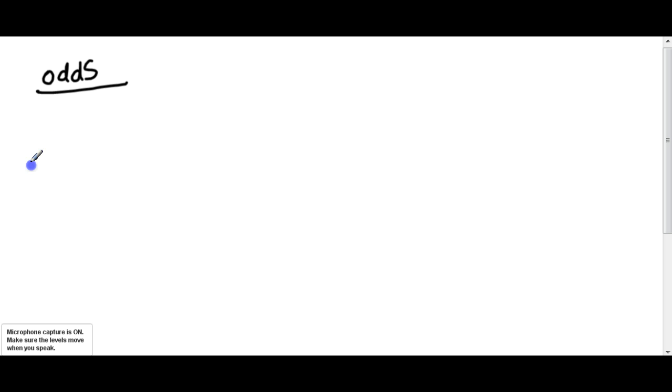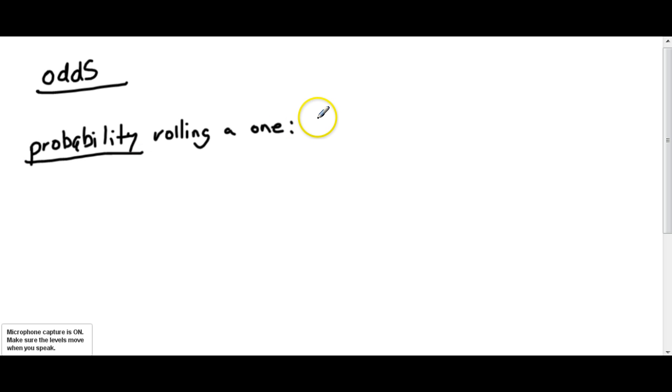So we could say that the probability of rolling a 1 with a dice is, we know that there's 6 numbers on a dice, and there's only one 1, so the probability is 1 out of 6. Okay, that's the probability of rolling a 1 on a regular dice. 1 in 6.